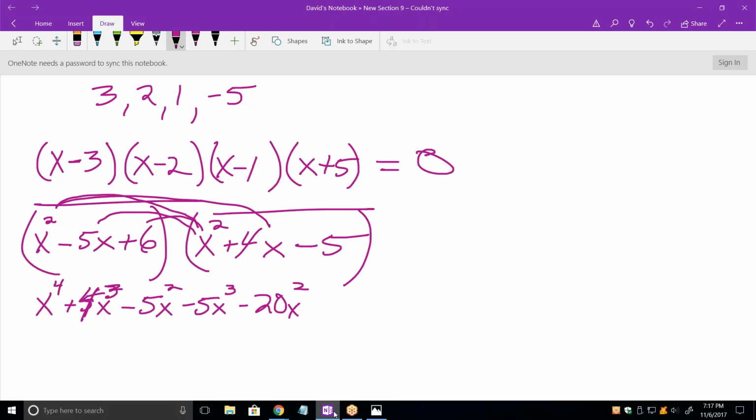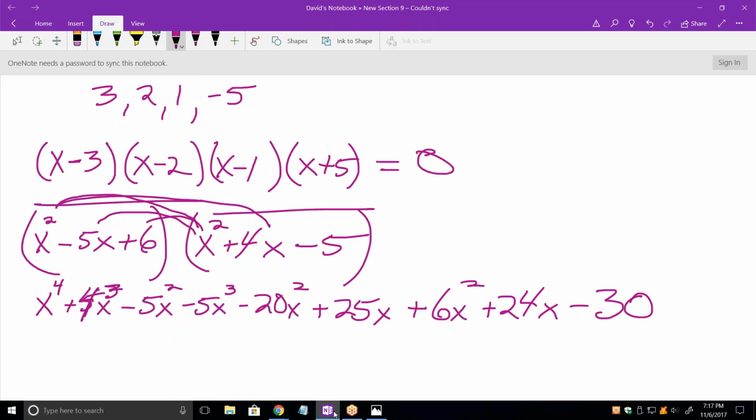And then plus 10x. Plus 25x, sorry, multiplying, not adding. And then it'd be 6x squared, plus 24x, and then minus 30.